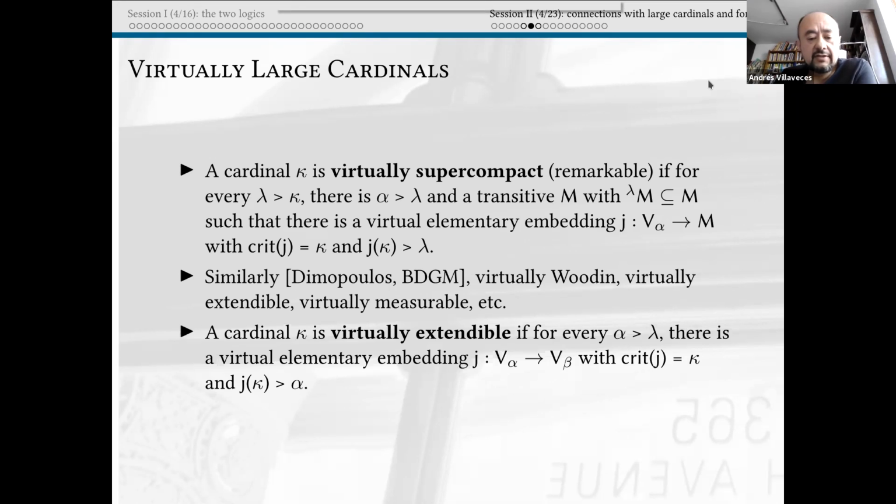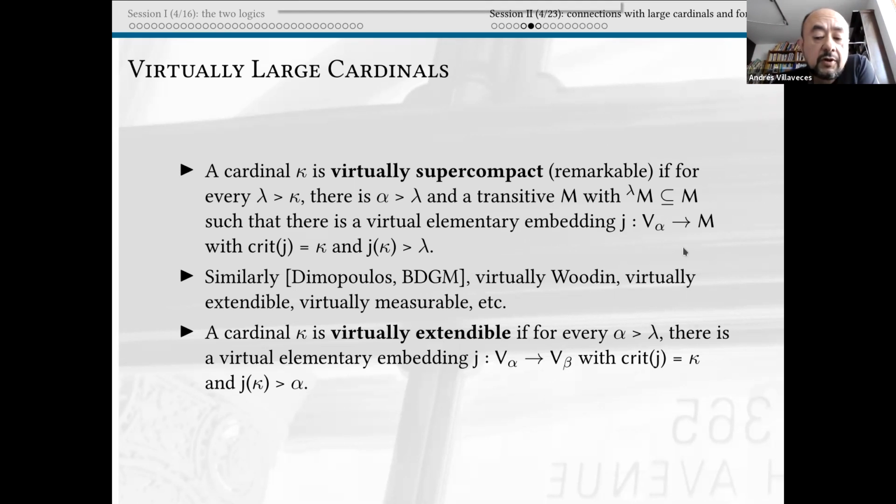In particular, there is this other definition that is similar to virtually supercompact. It is also virtually something, and now it is virtually extendable. Kappa is virtually extendable if for every alpha above kappa there is a virtual elementary embedding j, now with domain V_alpha, again like before, into some V_beta, and that's very different from just saying that we have some M. It is really into some V_beta, so it is much more difficult to get such a target of the elementary embedding.